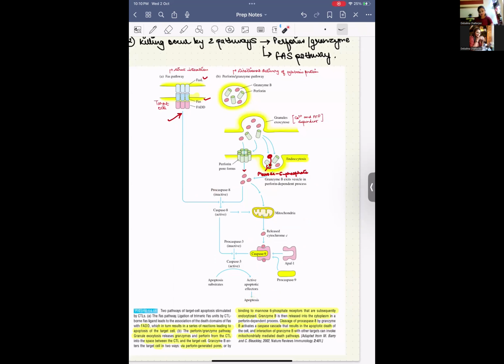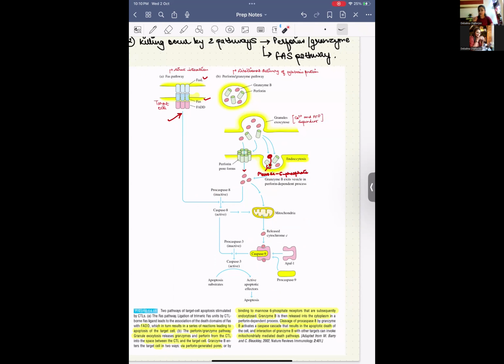The other pathway is the perforin or the granzyme pathway, wherein a temporary adhesion was being formed between the target cells and the CTLs. At the site of contact, there was release of certain cytotoxic components.